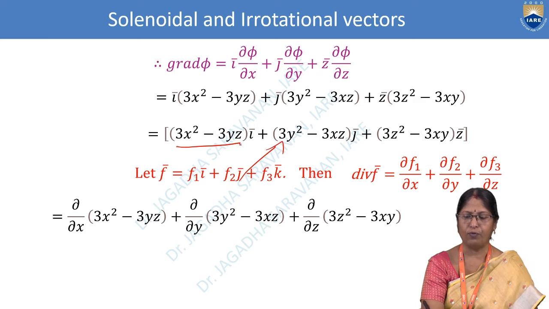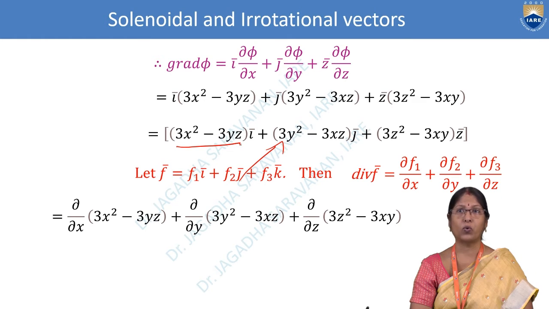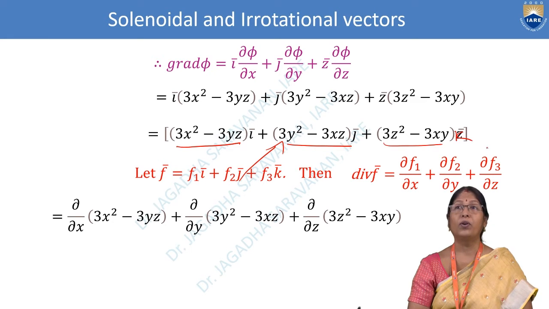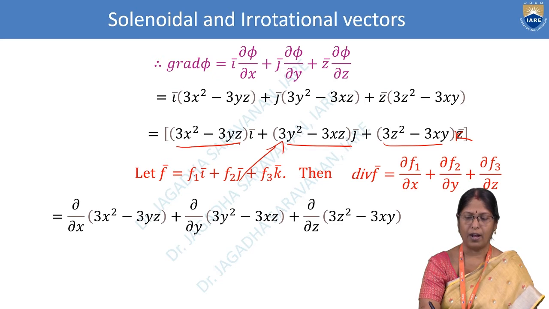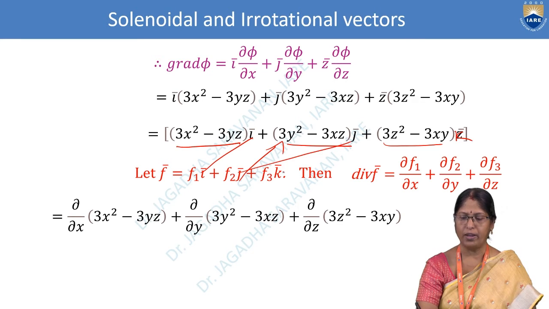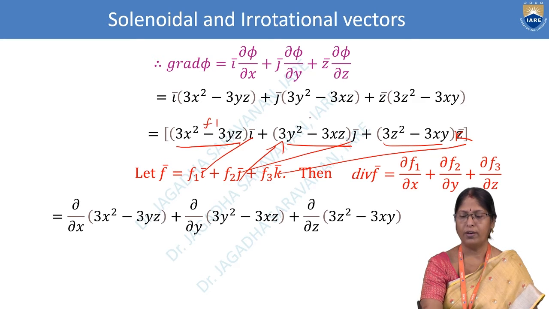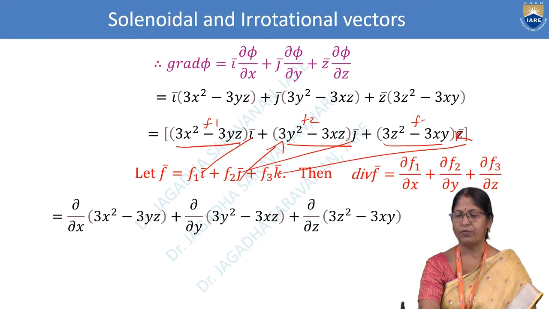So this is f1, that is 3x square minus 3yz. This is f2, 3y square minus 3xz. The last one is 3z square minus 3xy. That is i, here j, here k. So the leftover f1, f2, f3.